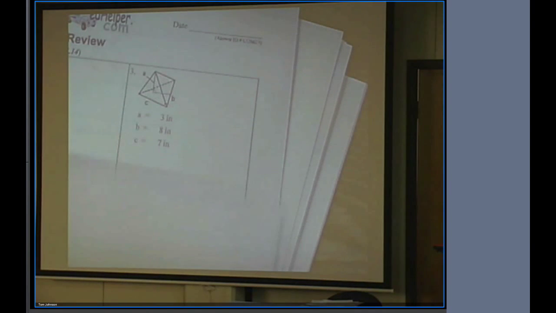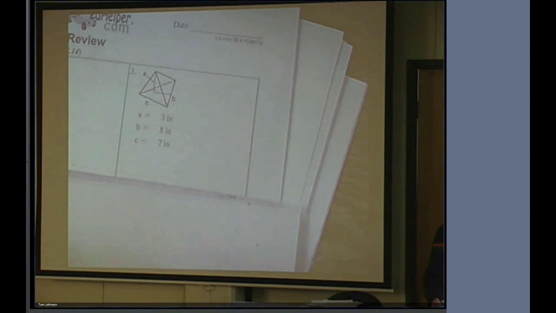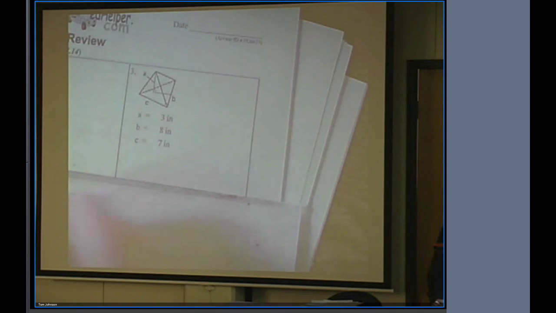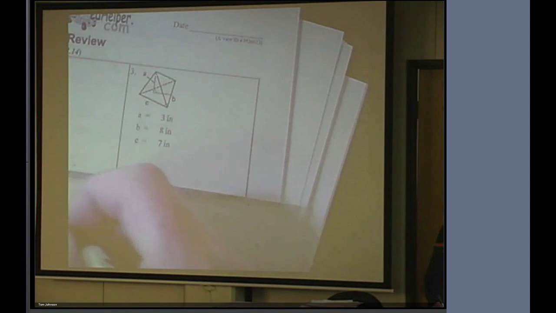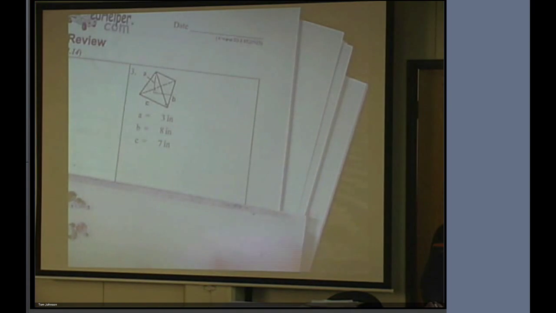All right, so really the equation that we're using is 1/3 times the base of the pyramid. And that's really the area of the base of the pyramid times the height. Yes?